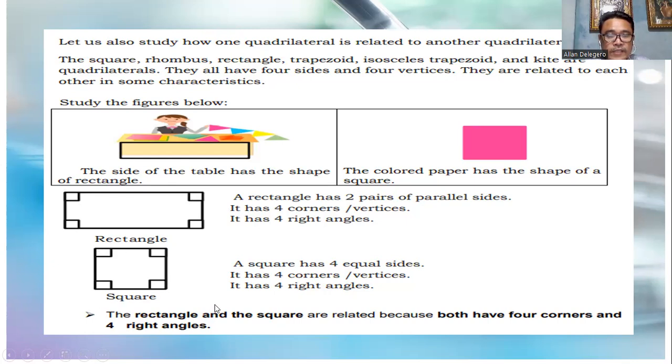It has 4 corners, vertices. It has 4 right angles. So the rectangle and the square are related because both have 4 corners and 4 right angles.